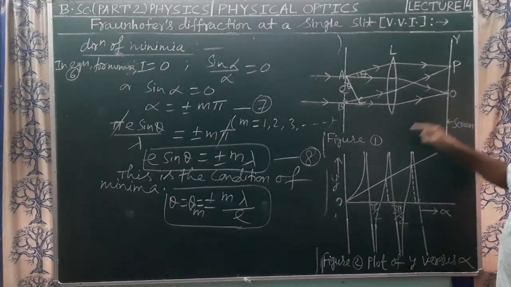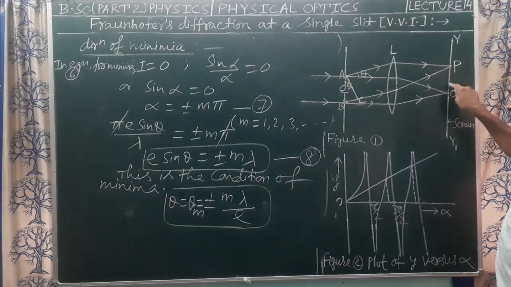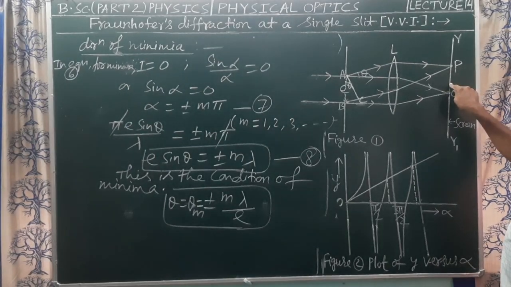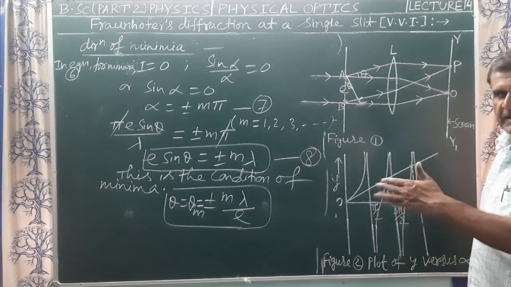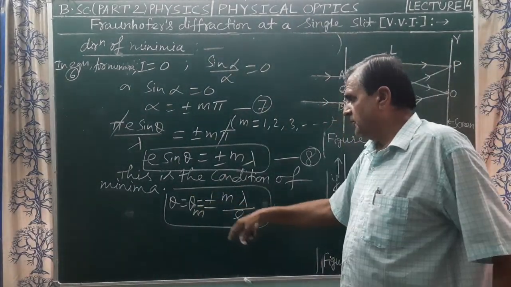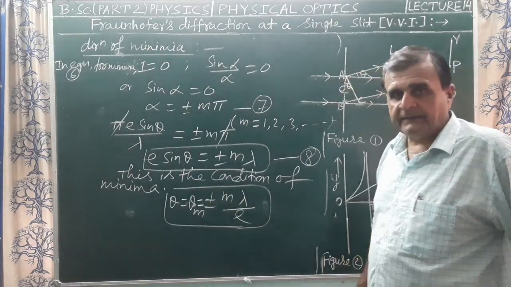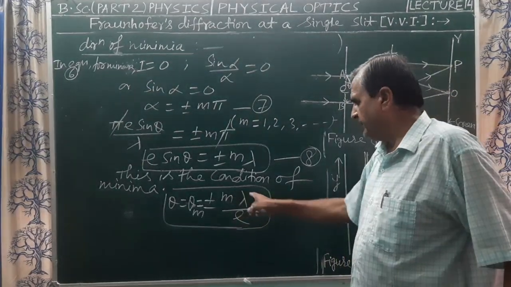Central maxima m का वैल्यू 1 पुट किया जाएगा, तो सेंट्रल मैक्सिमा का जो पोजीशन है स्क्रीन पर हो, उसके दोनों साइड में फर्स्ट सेकेंडरी मिनिमा का डायरेक्शन ऑब्टेन होगा. जब m इक्वल टू 2 रखेंगे तो दैट इज theta 2 meaning the direction of second subsidiary minima, that is plus minus 2 lambda by e.